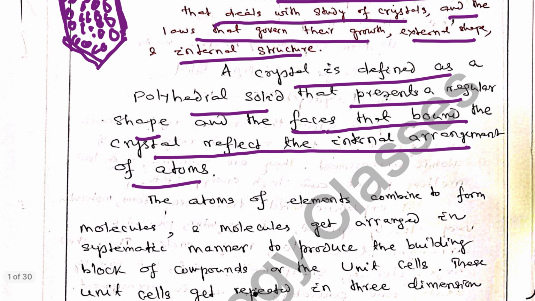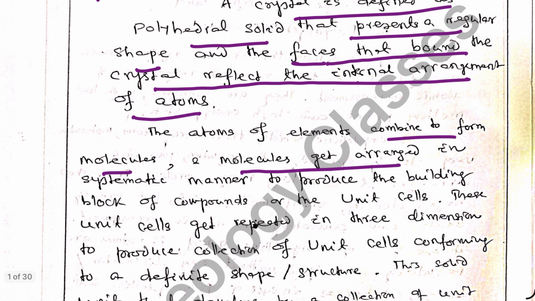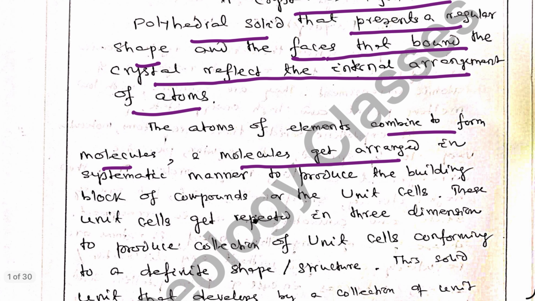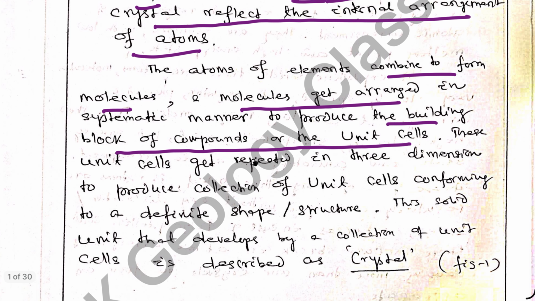The atoms of elements combine to form molecules, molecules combine to form the building blocks that are called unit cells, which get repeated in 3 dimensions to produce the crystal structure.